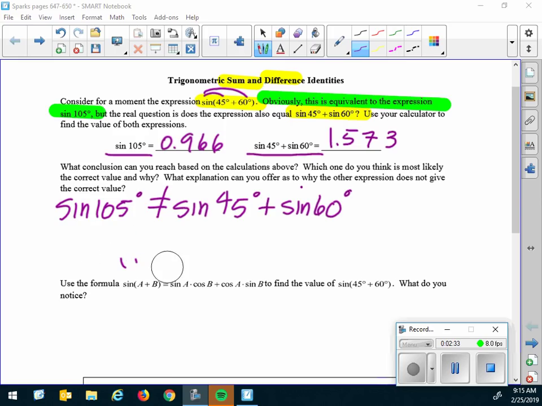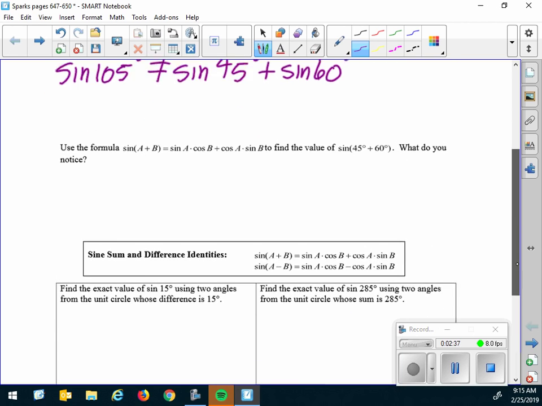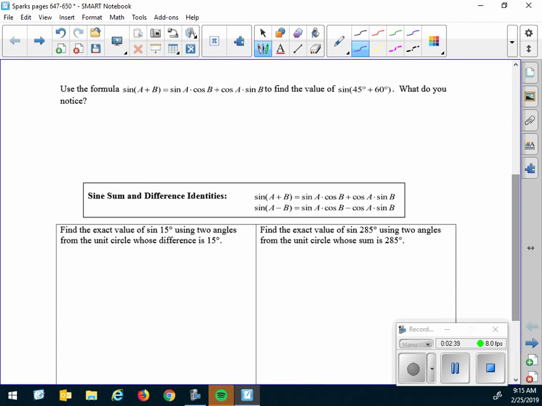Now, I want you to look at a formula. We're on the next piece of the notes. We're going to use this formula right here. The sine of a plus b equals the sine of a times the cosine of b plus the cosine of a times the sine of b to find the value of sine of 45 degrees plus 60 degrees.